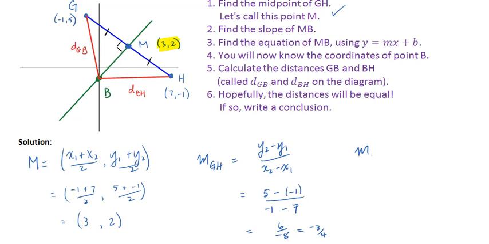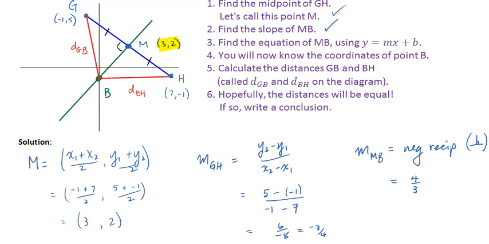And that means that the slope of MB, which is the negative reciprocal of the slope of GH, would be 4/3. And the reason it's the negative reciprocal is the lines are perpendicular, and this is the symbol for perpendicular. So I'm showing my reasoning there with that.